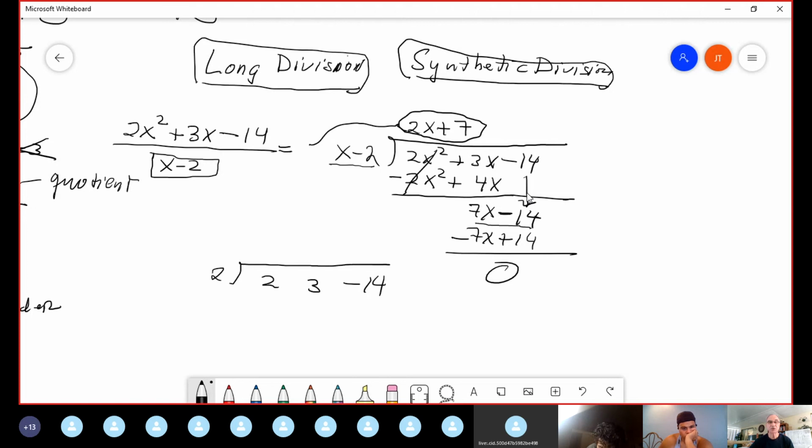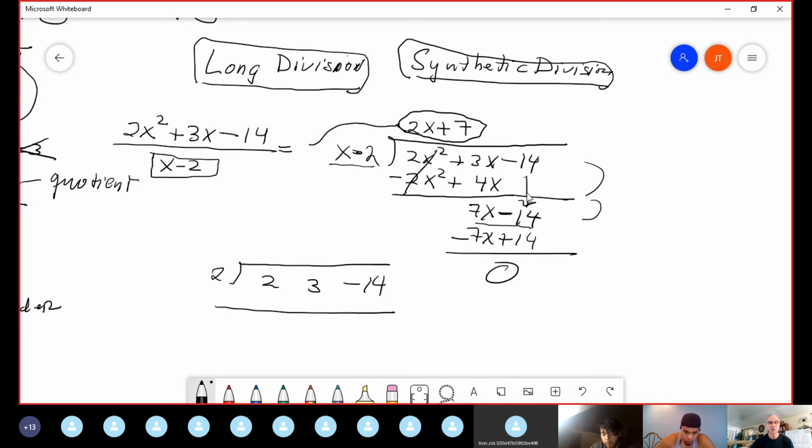And you copy here the number from the divisor expression, but with the opposite sign. In the long division you see minus 2; in the synthetic division you put positive 2. Why? Because in synthetic division I change the sign one time.